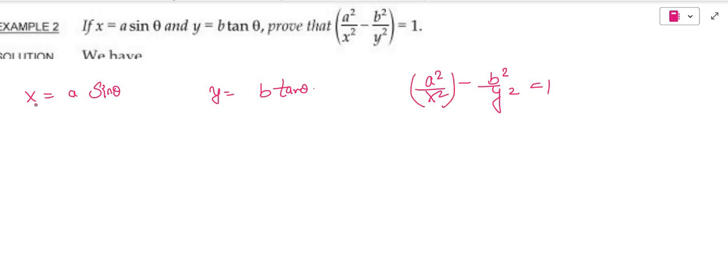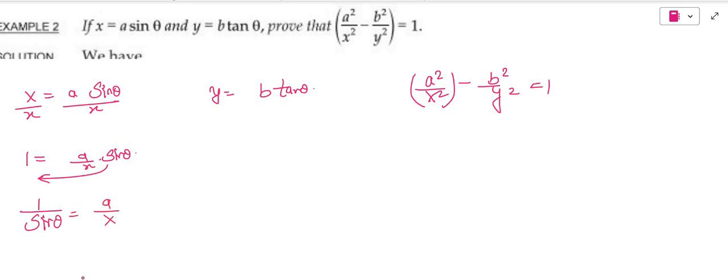Can I divide by x both sides? So 1 is equal to a by x into sin theta. Sin theta we can take other side. Correct? So 1 by sin theta is a by x. So what is a by x? Is cosec theta, because 1 by sin is cosec theta. This is what we got.